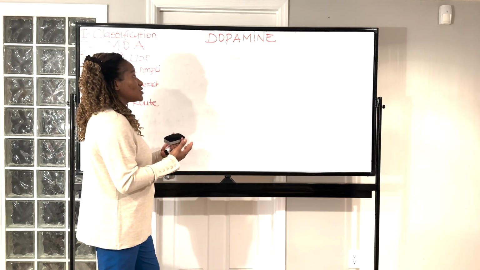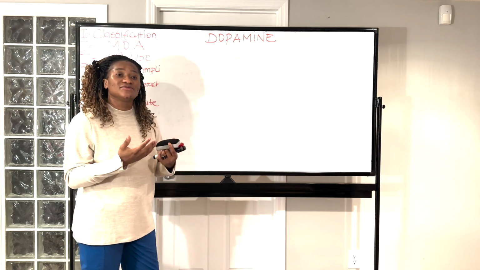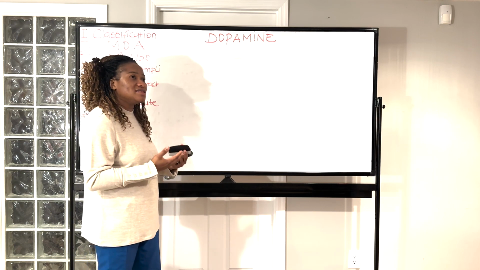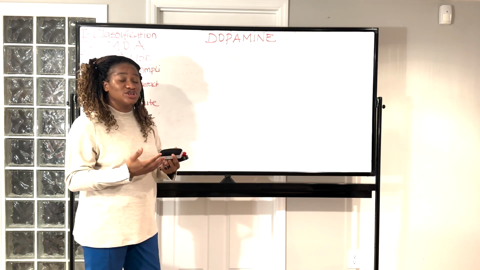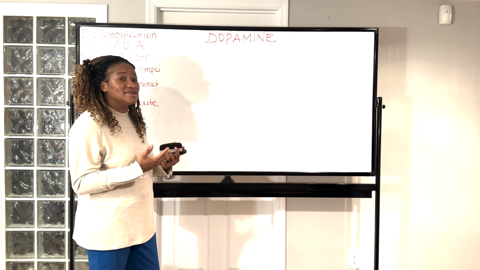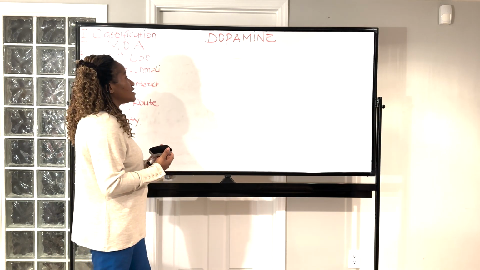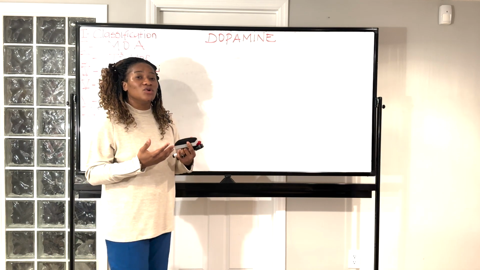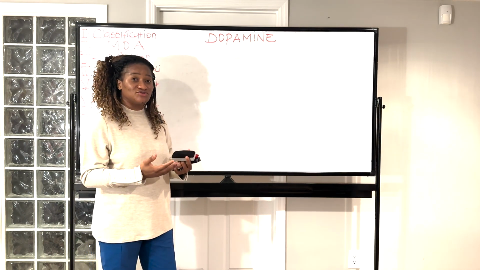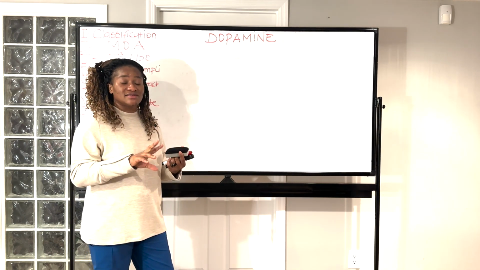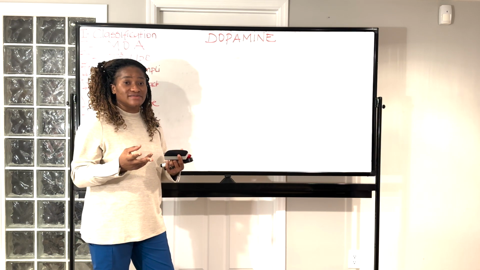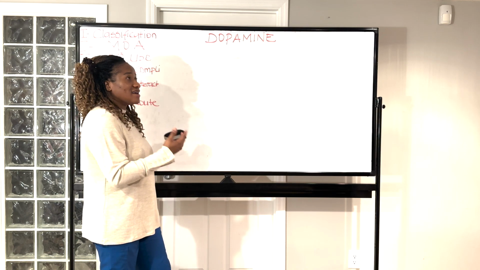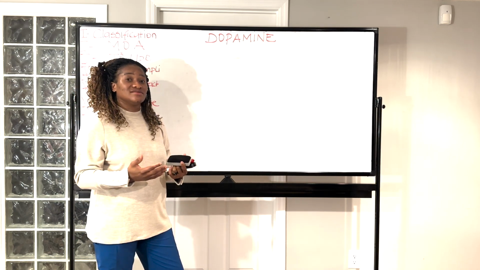But this dopamine we're going to be talking about is the dopamine that is a catecholamine. So dopamine is also an endogenous catecholamine that the body makes, and it acts in two different ways. So the one that we administer as a drug acts as a mixed catecholamine. Why do I say mixed? Because it has a direct and indirect action.